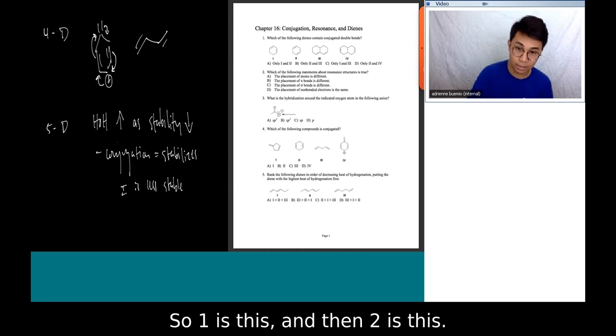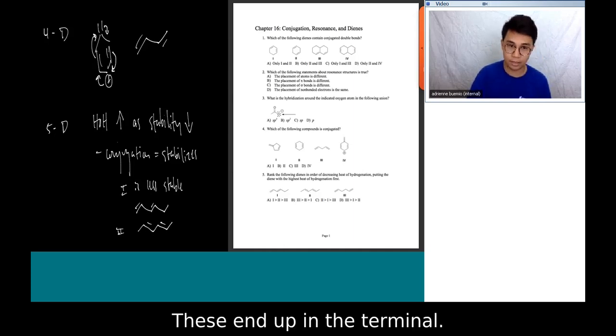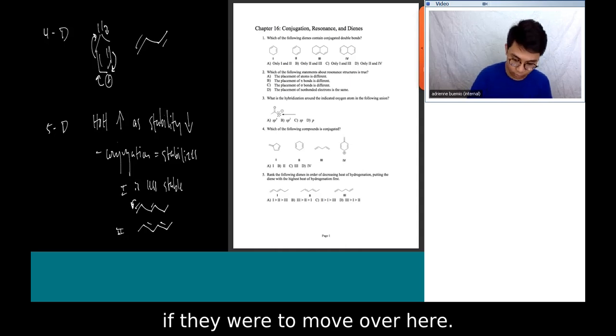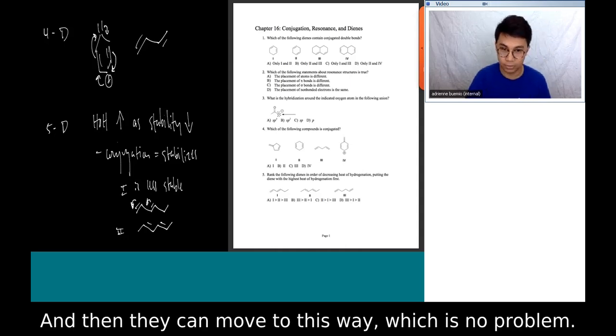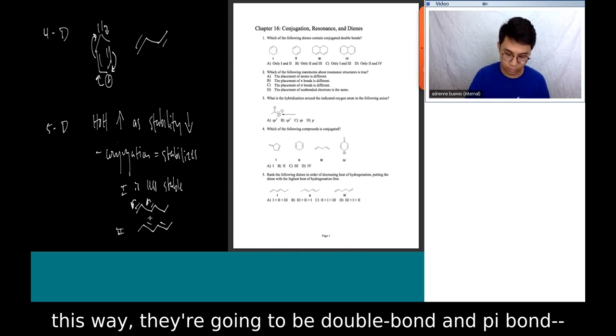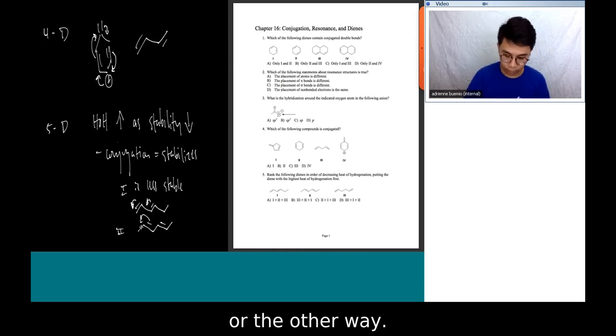So 1 is this, and then 2 is this, right? These end up in the terminal, right? So this would make like an anion, things like that, if they were to move over here, and then they can move this way, which is no problem. But in this case, we won't have any charges if we conjugate this way, right? It's still going to be a double bond, a pi bond, or the other way, right?